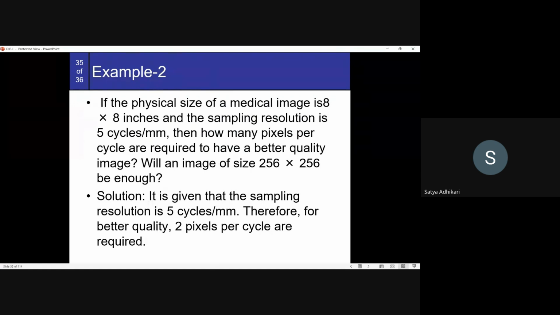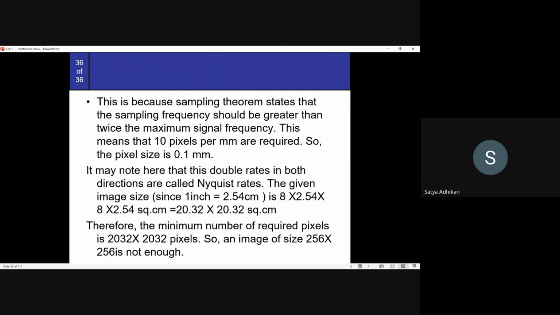It is given that it is 5 cycles per mm, therefore for better quality 2 pixels per cycle are required. As you know, the sampling theorem states that the sampling frequency should be greater than twice the maximum signal frequency, and this means that 10 pixels per mm are required. So the pixel size is 0.1 mm.